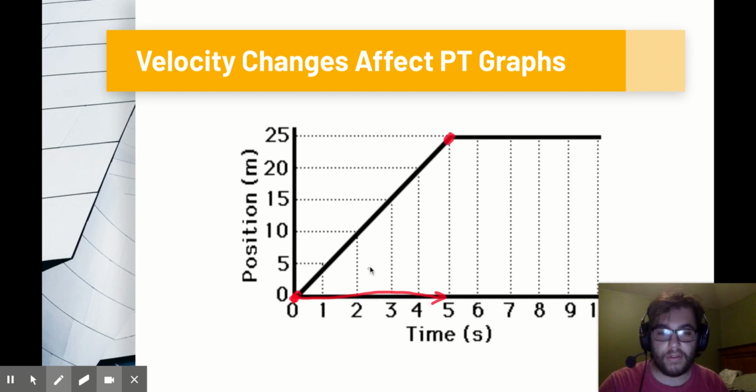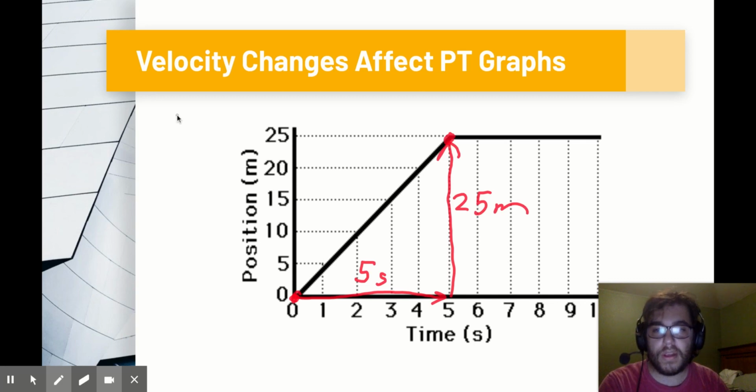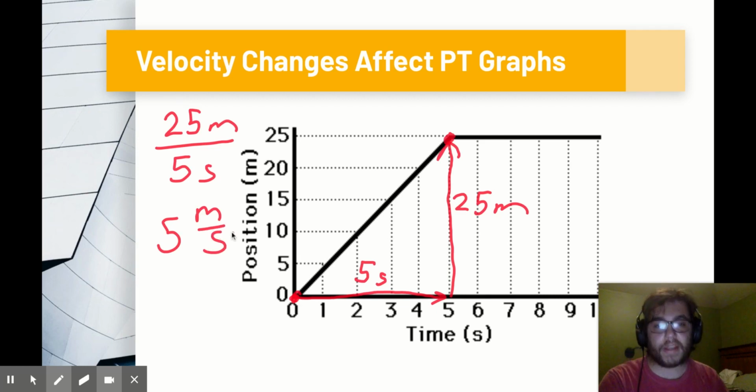So we ran for 5 seconds, and we're going to rise, we come over here, 25 meters. So our slope is 25 meters over 5 seconds, which is simply 5 meters per second.